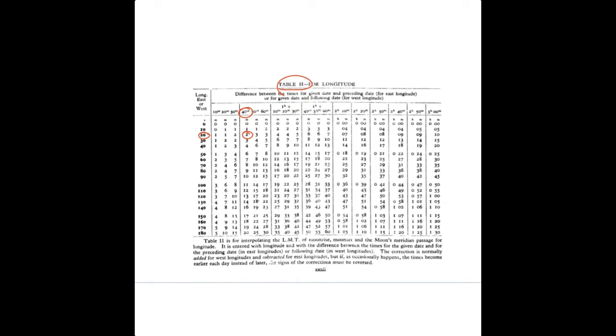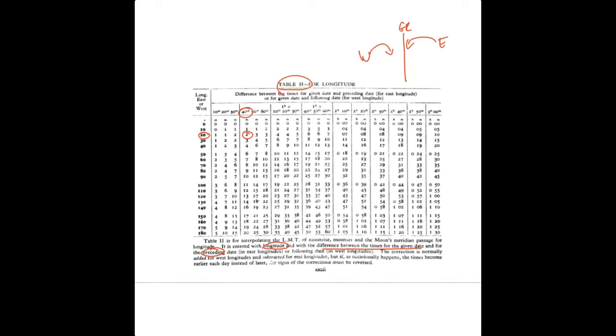So for interpolating LMT for Moonrise and Moonsets is this table. We should enter it with the longitude that we did correctly, and the difference between times for the given date and for the preceding date for eastern longitudes, and the following date for western longitudes.